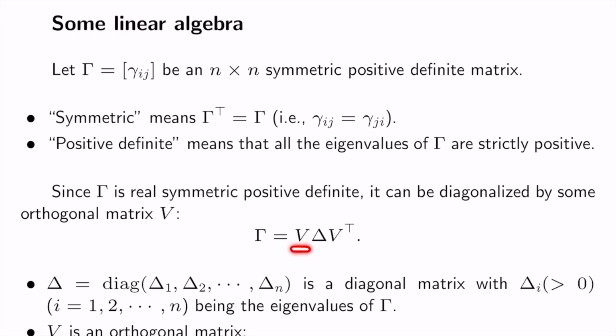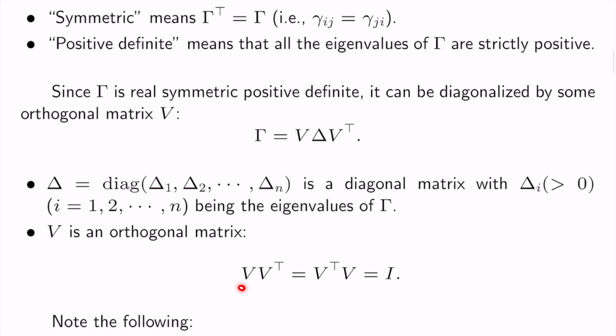And this matrix V is an orthogonal matrix. That means V times V transpose is equal to V transpose times V is equal to the identity matrix. Of course, the column vectors of this V correspond to the eigenvectors of this matrix gamma.